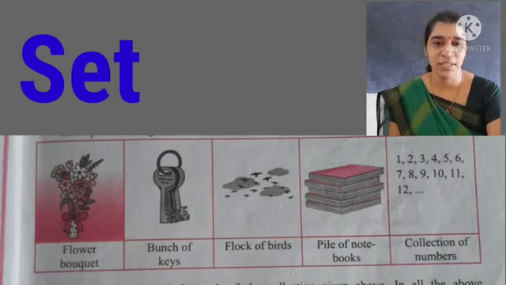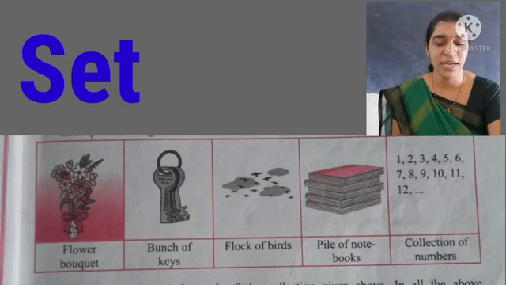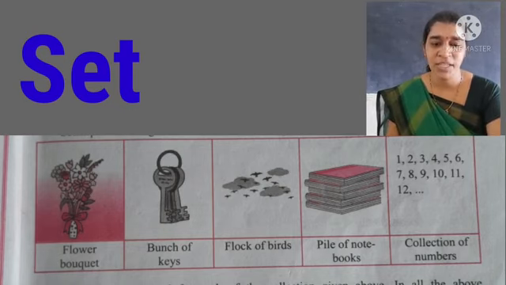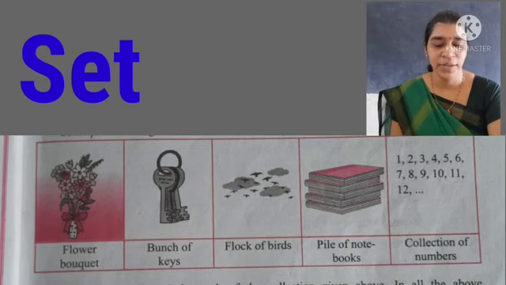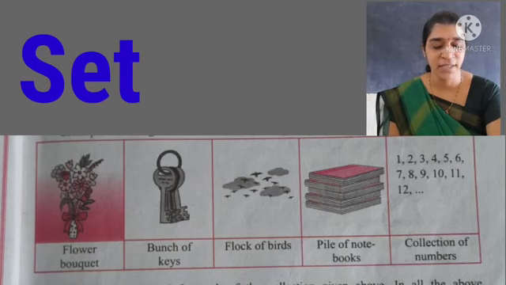From these pictures, students, you recall what you learned in 9th standard: a collection of some objects is given. Such a collection of objects we call a set. Okay, then how do we see or remember whether it is a set or not? How will we decide it is a set or not?